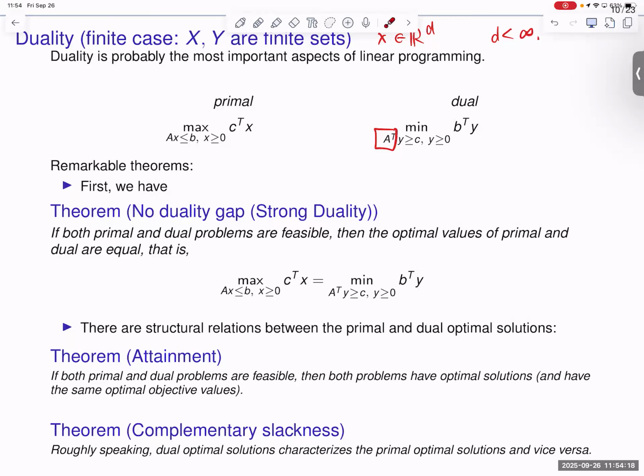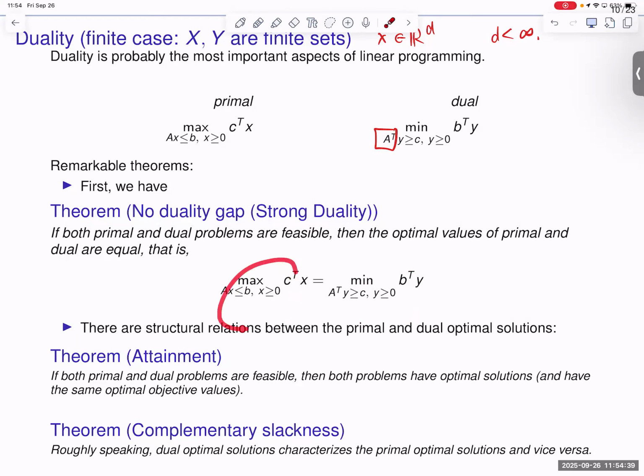Also, even both primal and dual problems may be infeasible. I'm not talking about these cases. But in the case where both primal and dual problems are feasible, then there's no duality gap. Not only that, both problems have optimal solutions.